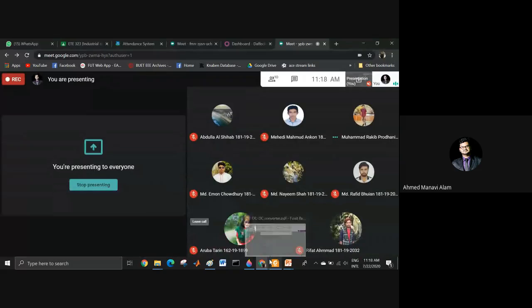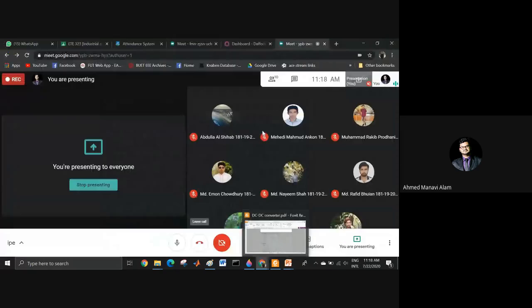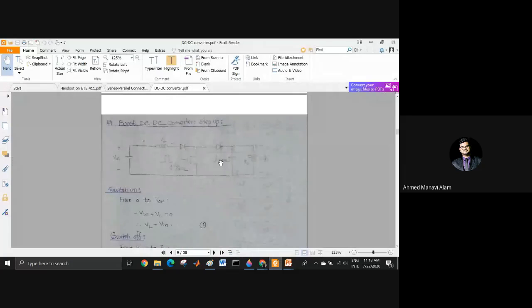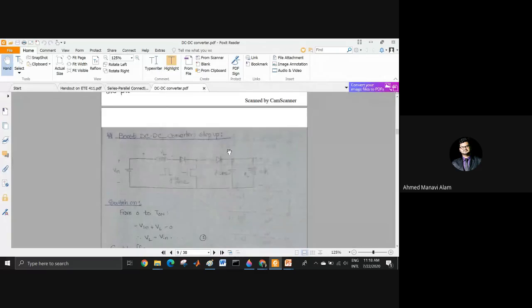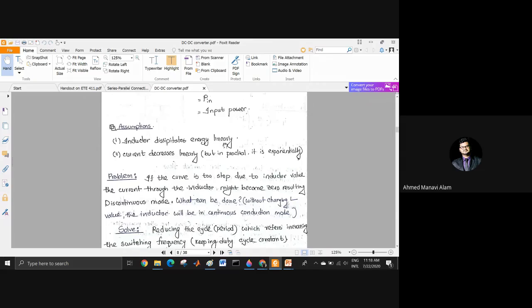Welcome everyone to another class of 323 Industrial Power Electronics. The topic we are in is DC to DC converter. So far we have understood the basics of DC to DC converter. We have understood one of the types of converter, which was the buck converter.